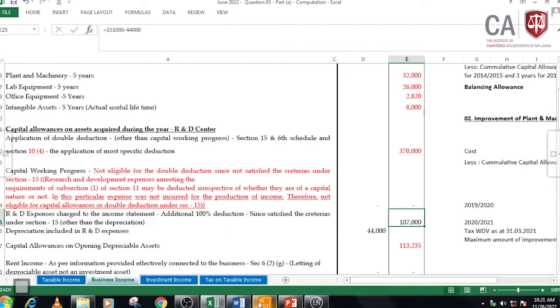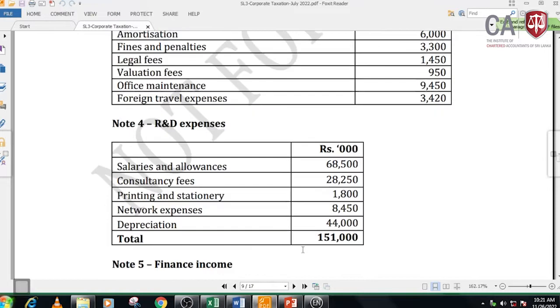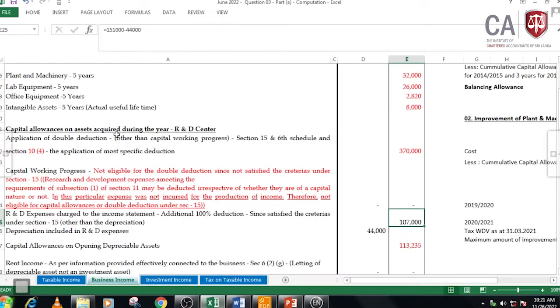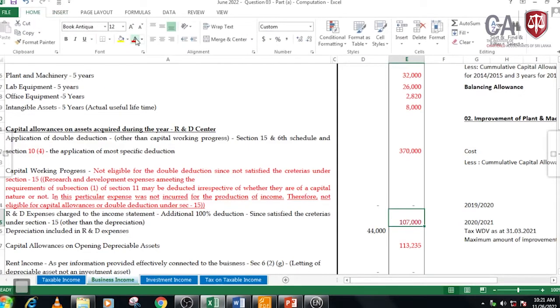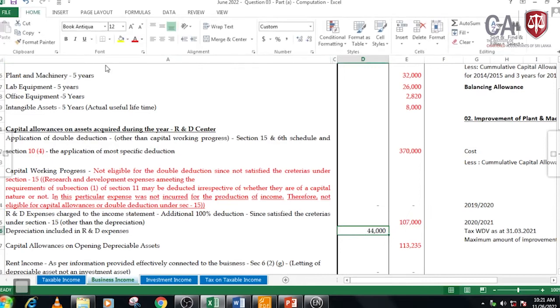Then this total which it has given here under the R&D other than this 44, it's 151,000 total. From that you have to deduct 44,000, then 107,000. That 107,000 you can deduct, but this depreciation you have to disallow. Let me come to that 2 adjustment. Then here one deduction under section 15 which is under R&D, and after that depreciation it should be disallowed.